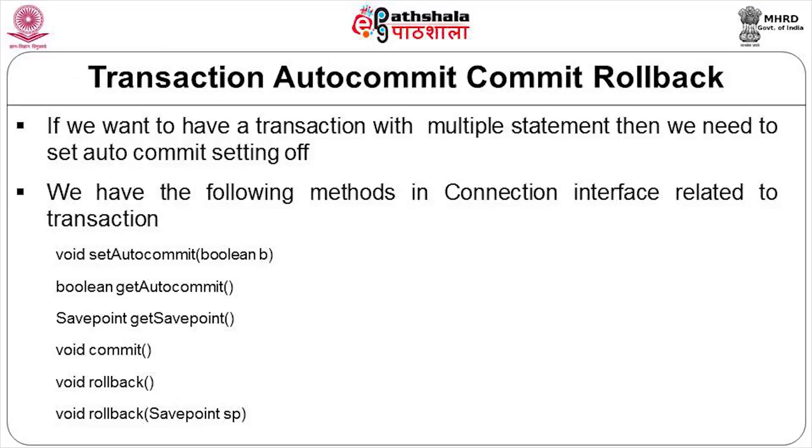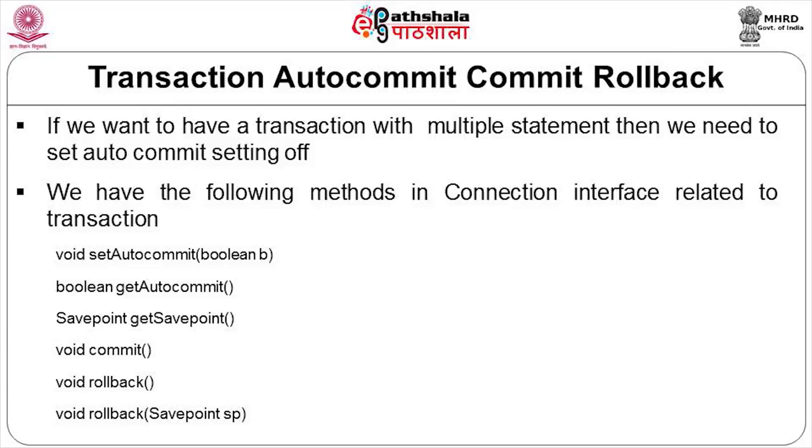Similarly here, in the java.sql package, the Connection interface provides a method called setSavepoint, which returns an object of Savepoint. The Savepoint object which is returned can then be used in your rollback method.